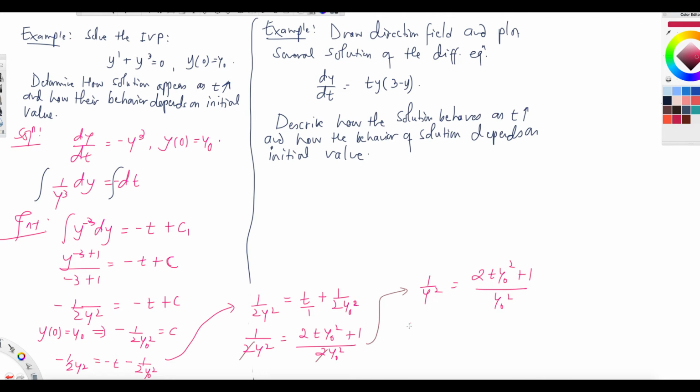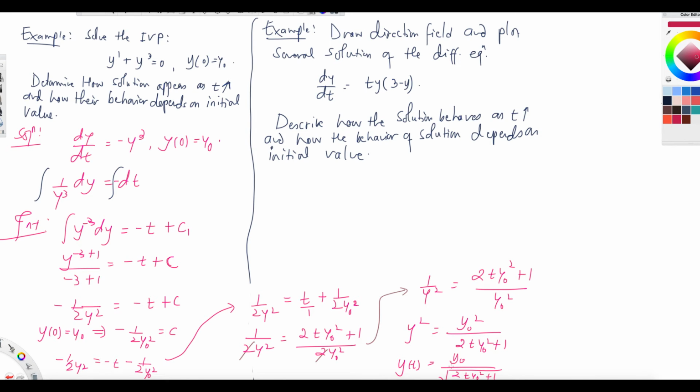Now flip both sides: y squared equals y0 squared divided by (2ty0 squared plus 1). If you take the root on both sides, you get y of t, because all these y's are functions of t, equals y0 over the square root of 2ty0 squared plus 1.